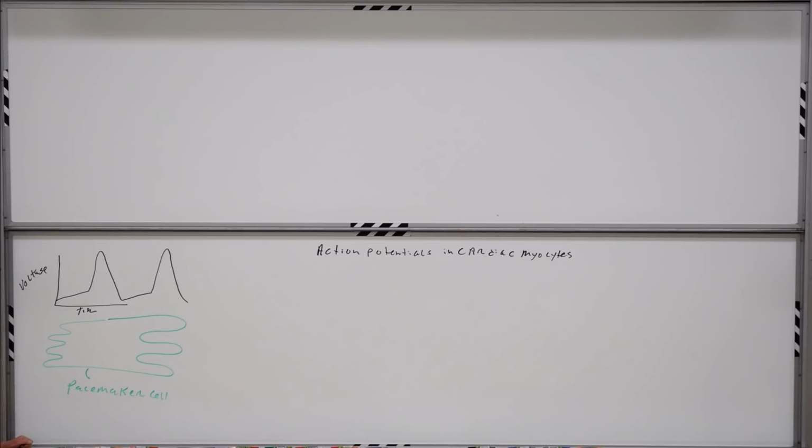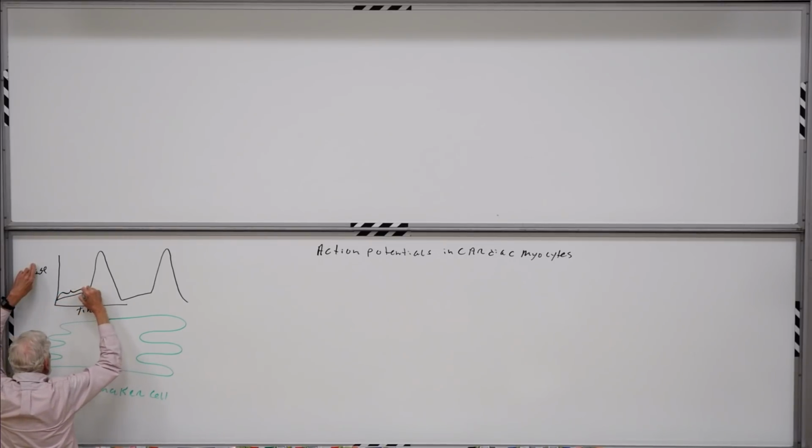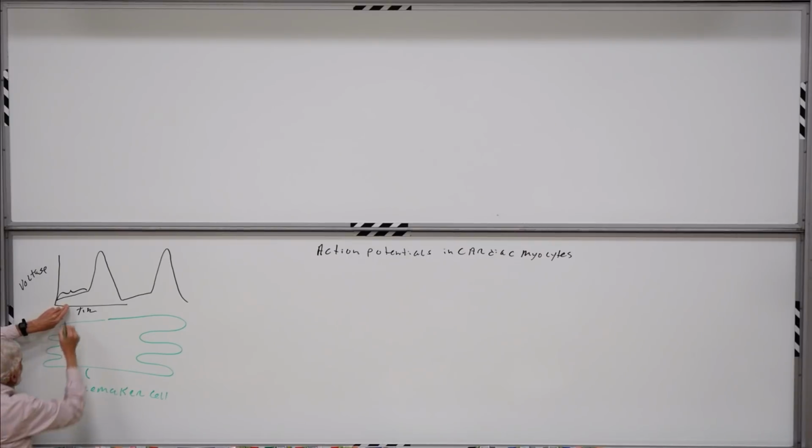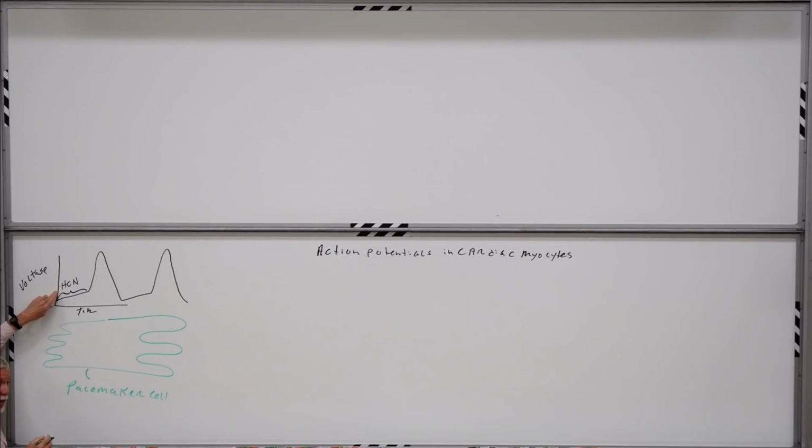And when we drilled down and talked about what channels were responsible for these electrical changes, we said that the electrical changes imparted by this ramp potential were the response to the HCN channels. The HCN channels were the hyperpolarization-activated cyclic nucleotide-gated channels. They admitted sodium in something akin to a generator potential. That sodium depolarized the membrane until threshold was reached.